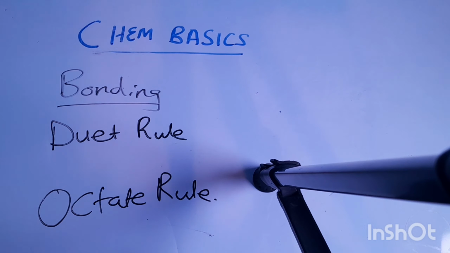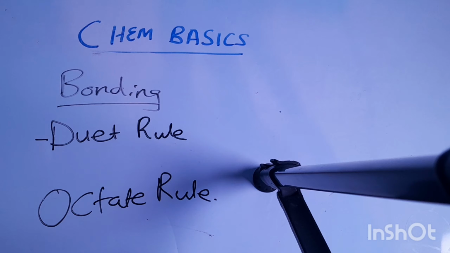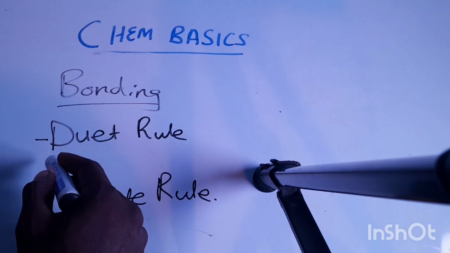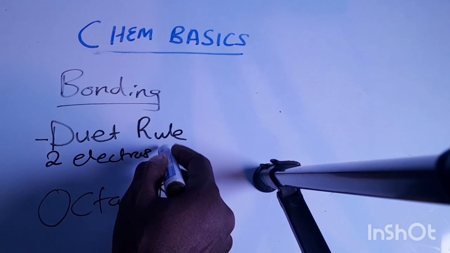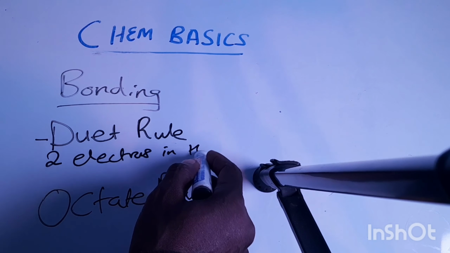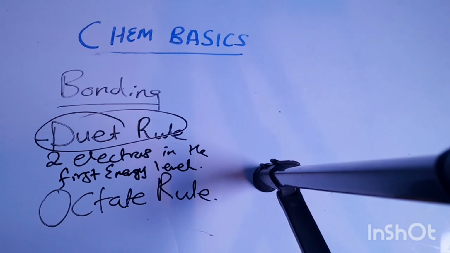The duet rule says that for an atom to be stable, it needs to have two electrons in the first energy level. If it has two electrons in the first energy level, it is balanced and stable.